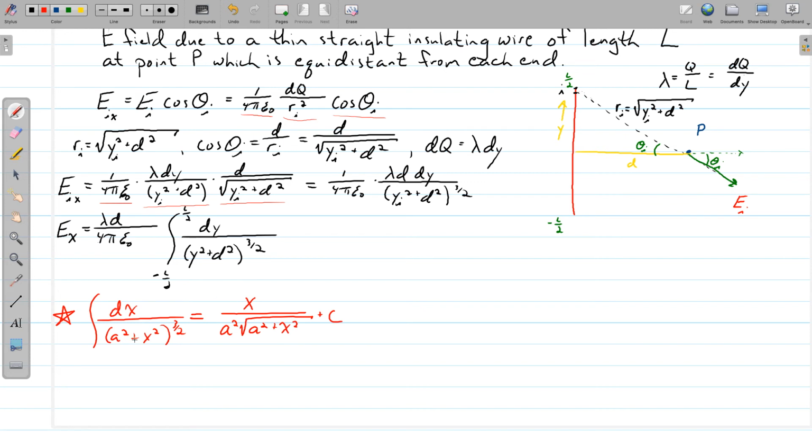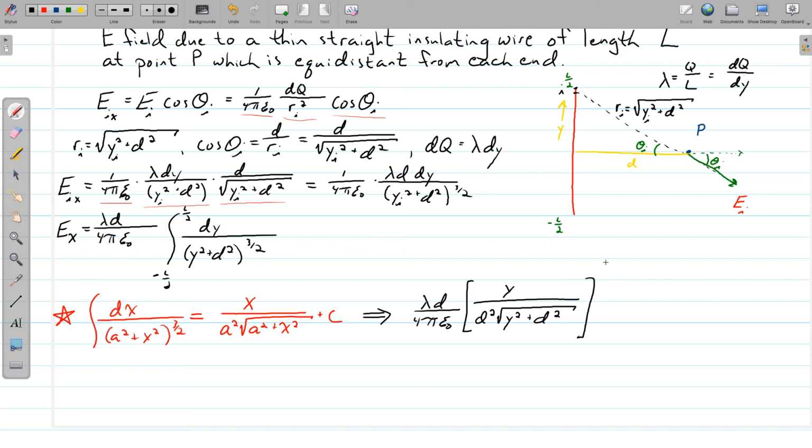So utilizing this now, we have lambda times d over 4 pi epsilon naught. This would be y over d squared times the square root of y squared plus d squared.